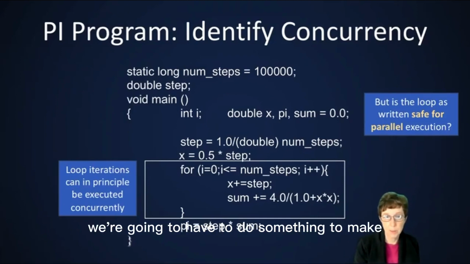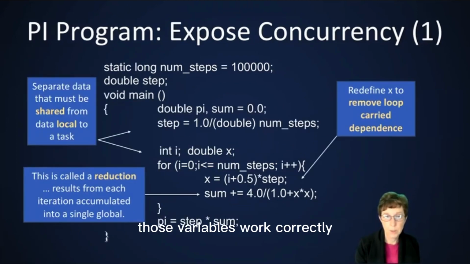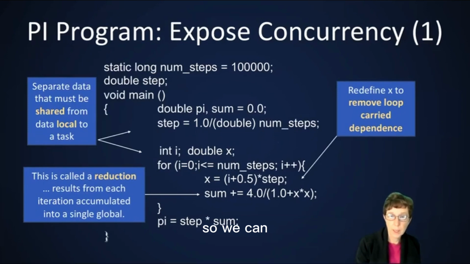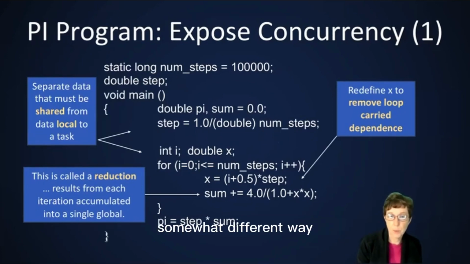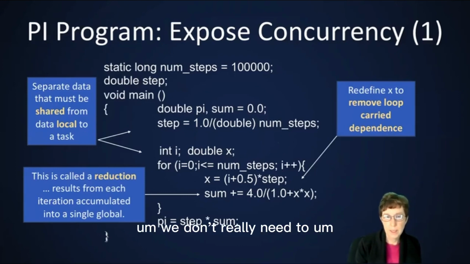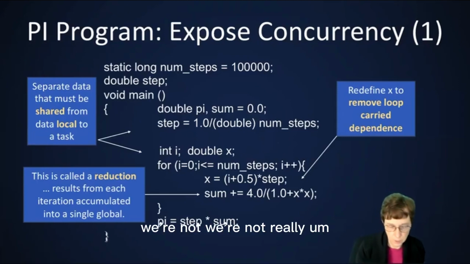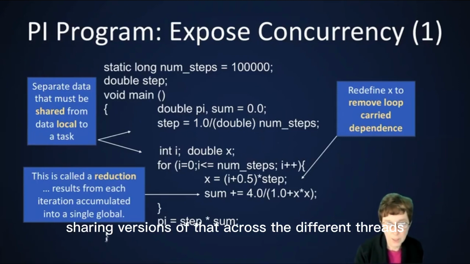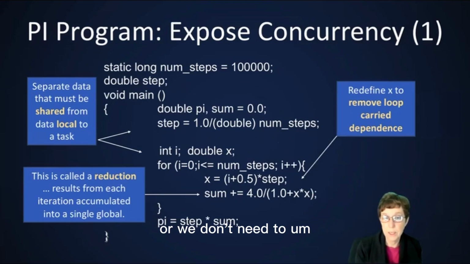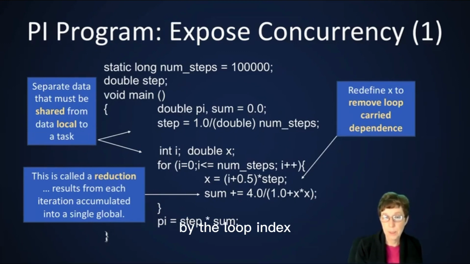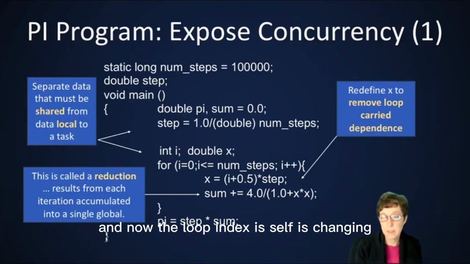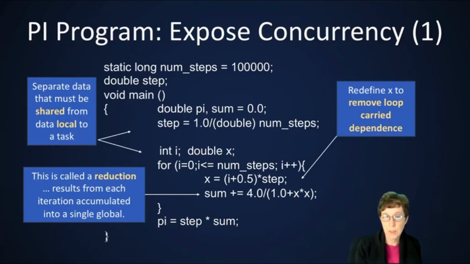So we can try to parallelize it, but we're going to have to do something to make those variables work correctly. We're going to treat the two variables in somewhat different ways. For the x variable, it turns out we don't really need to share versions of it across the different threads. What we can do is just calculate x directly from the loop index. The loop index itself is changing, but that will be handled when we turn this into a parallel loop.